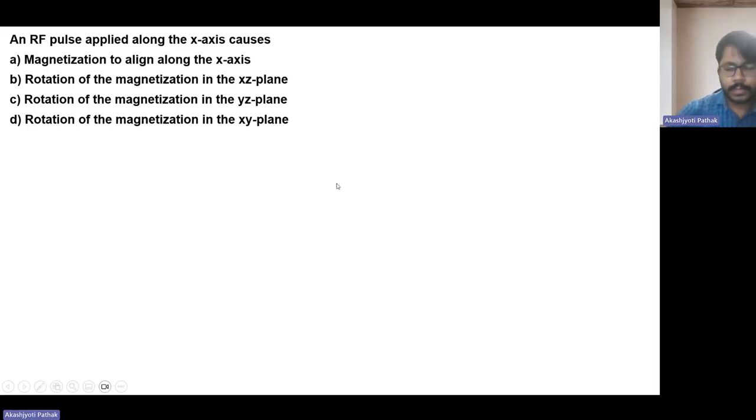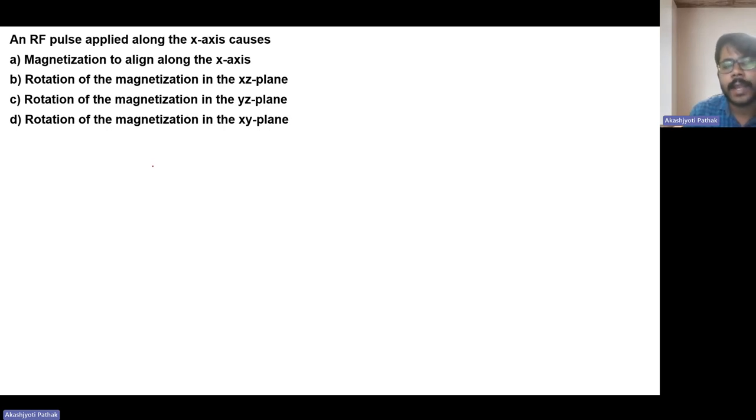So this is the first question of today's session. The question is: an RF pulse applied along the x-axis causes what effect on the bulk magnetization of the nuclear spins?